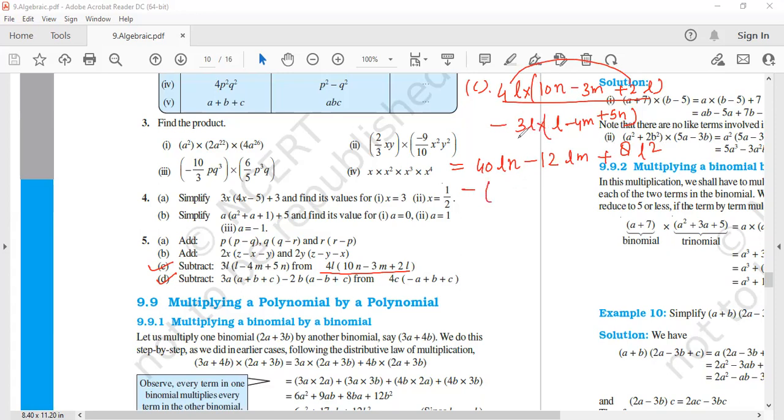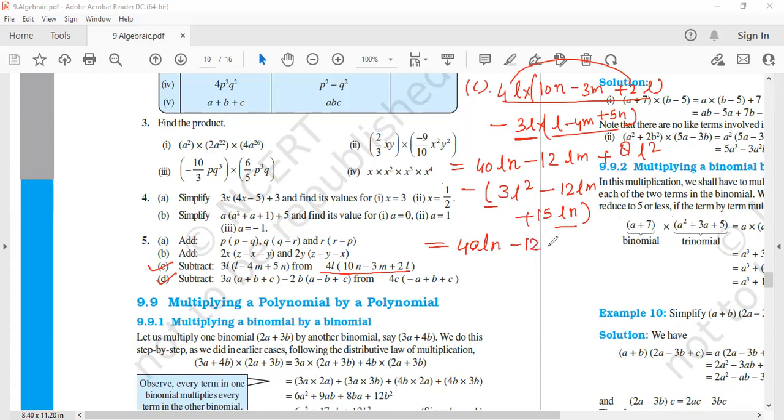Now minus sign, don't change the sign right now because I am not changing the brackets. I'm only multiplying 3L inside this one. So 3L square minus 4 3s are 12LM and plus 3 5s are 15LN.